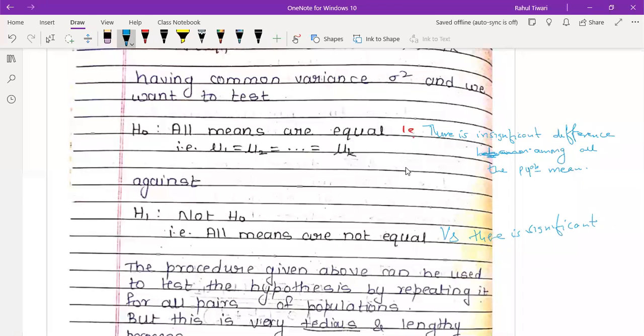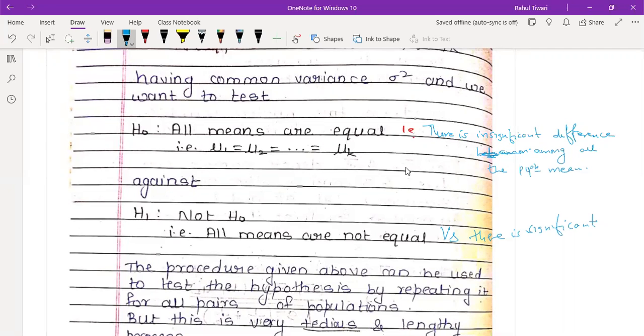So my task is to check whether, among the population means of the groups which we have, there is a significant difference or no significant difference. Make sure that under the null hypothesis there is no difference. We assume there is no difference.